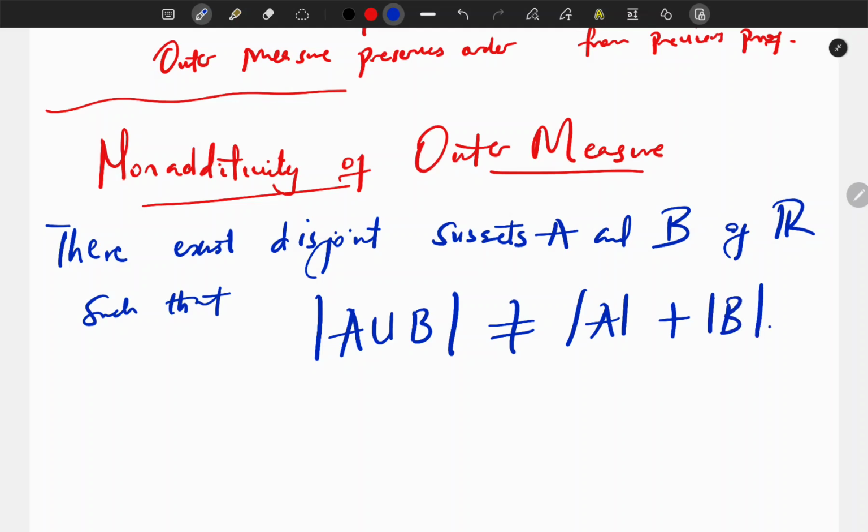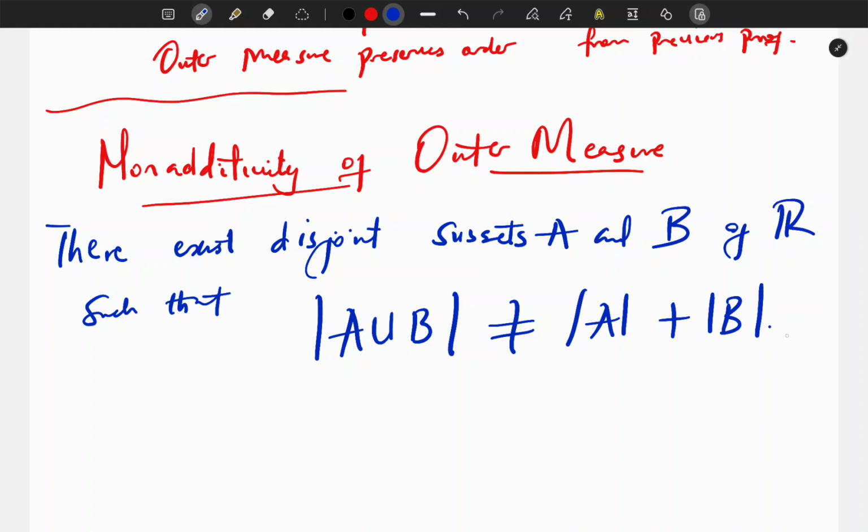So this is one of the deficiencies of outer measure, which we are going to address by looking into another type of measure which satisfies additivity, because we need these properties to be able to get a proper integration for our functions on arbitrary sets.